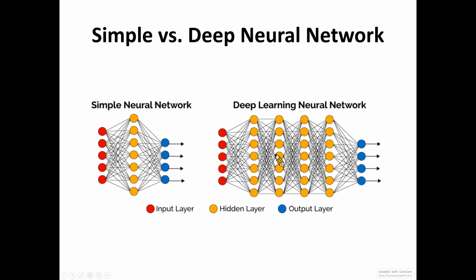So it actually took several decades for mathematicians and computer scientists to find an algorithm to efficiently calculate the weights and the connections between neurons.